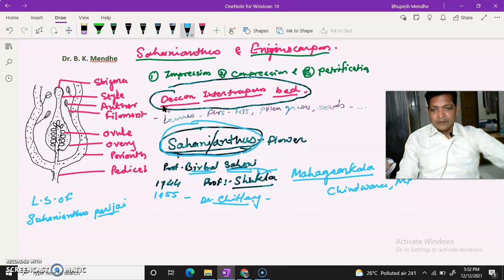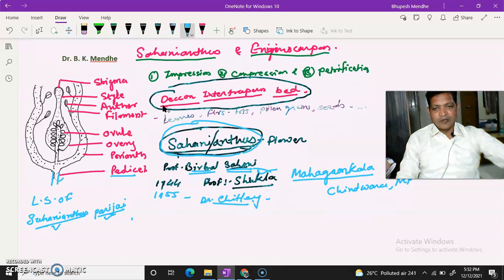It is a flower, right? You know that every botanical name must include a generic name and a specific name. See this flower, this is the LS of that fossil. This is a flower, and this is the pedicel.